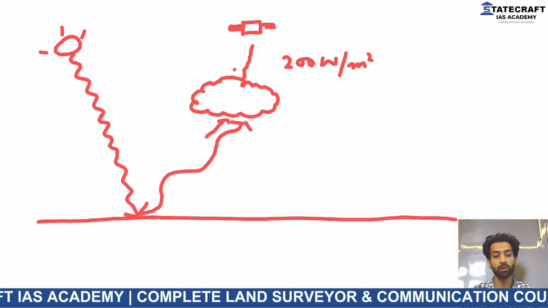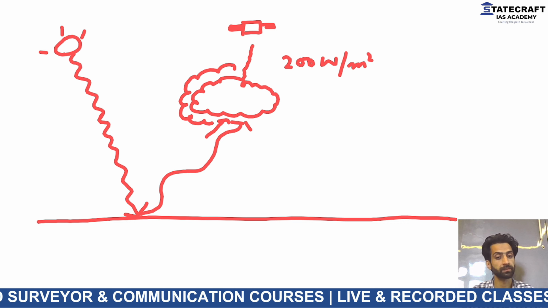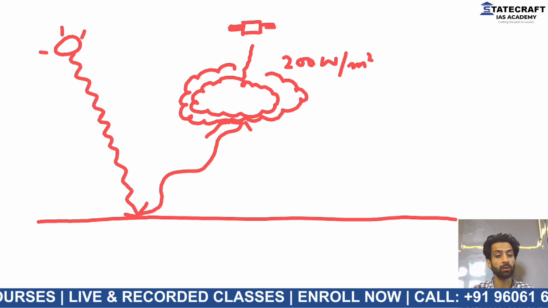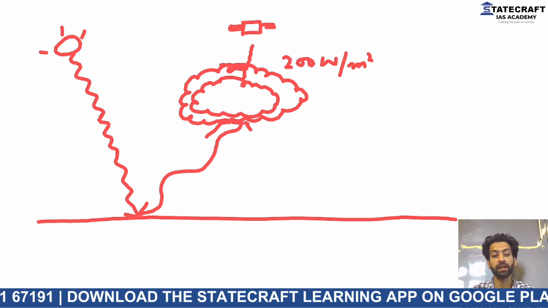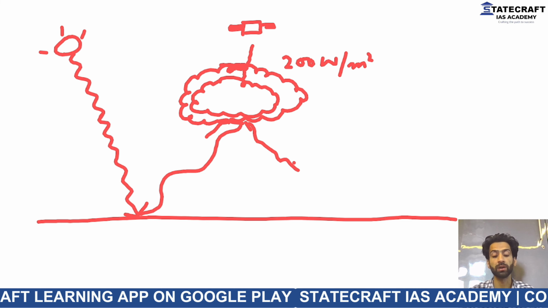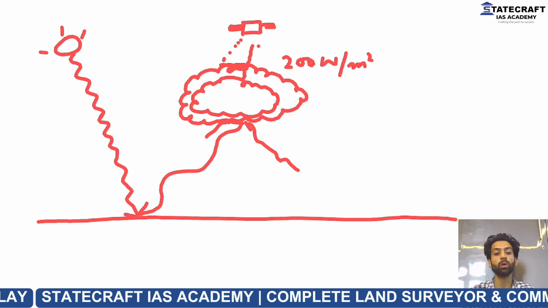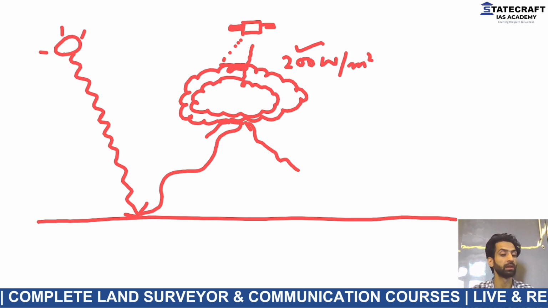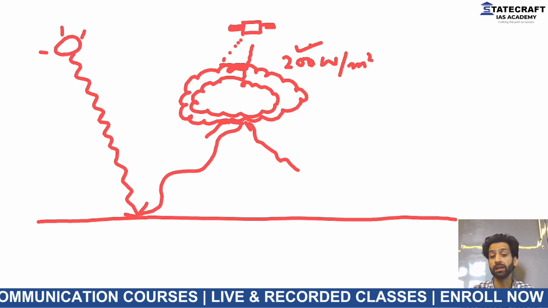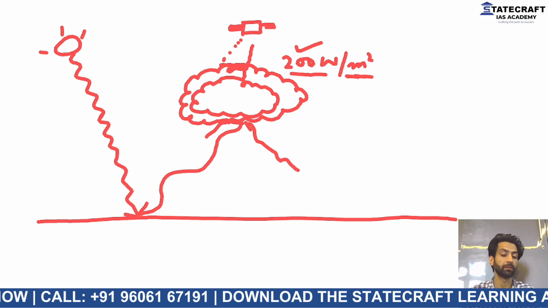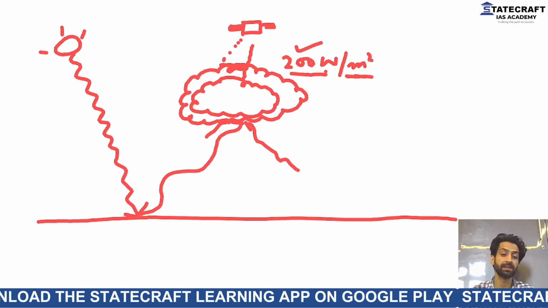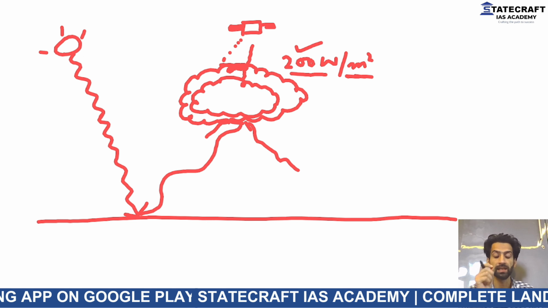But since the cloud cover is very dense, it will not allow this radiation to escape and will radiate it back towards the ground. Only a little bit might go out, but we have to check whether we are getting a radiation of less than 200 watts per meter square. If that is the case, then we say that the rain that is taking place is monsoon.